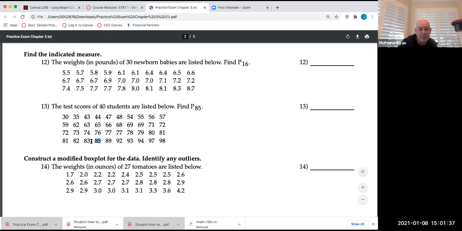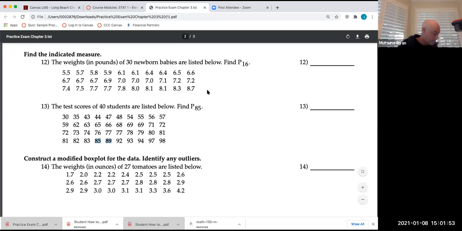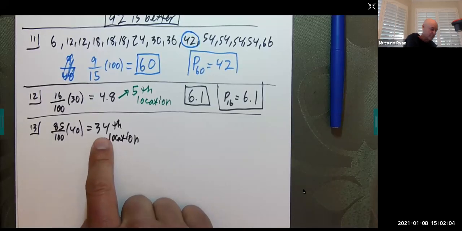But below this location is not going to guarantee 85% of the data. So I'm going to have to take the 34th and the 35th position and find the mean between the two of them. That's the 85 and the 89. We're only going to do this when the calculation goes to an exact number as opposed to a decimal.